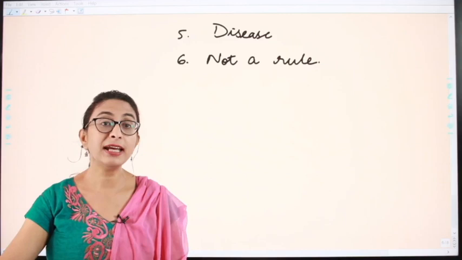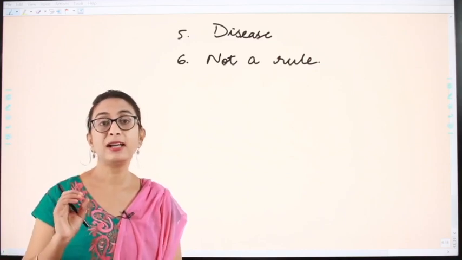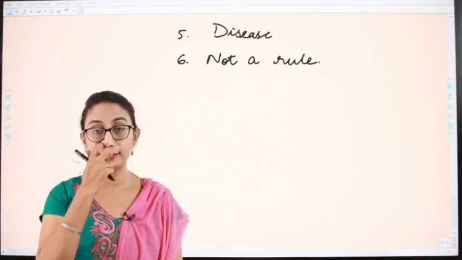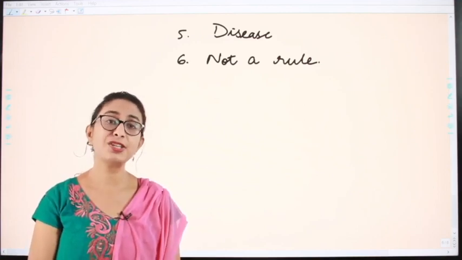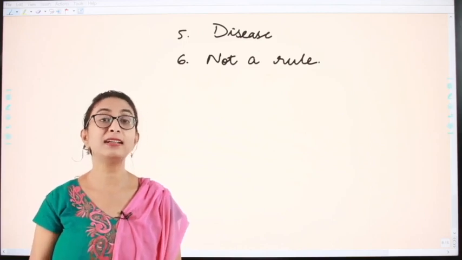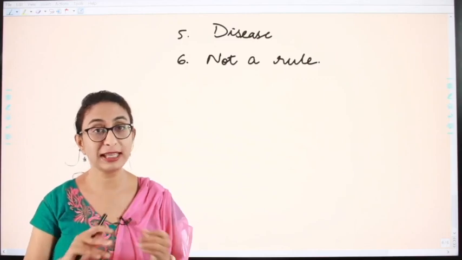Whereas if you are inheriting the gene from your father, the gene is less methylated. So because of less methylation, the gene expresses at an earlier stage. I already told you the process of DNA methylation, right?